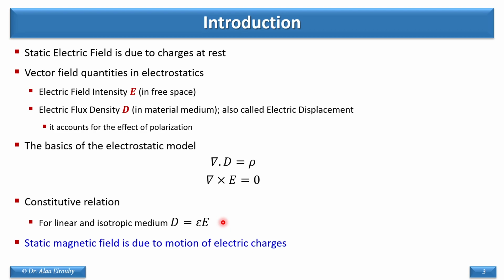The second situation is when they studied the motion at a varying frequency, which is the case of electromagnetic waves. The first case, the steady state motion or steady state electric current, because when a charge is moving at a constant speed, this is like a steady state current. This is the case of the static magnetic field, and this is the case that we're going to start with in this part of the course.